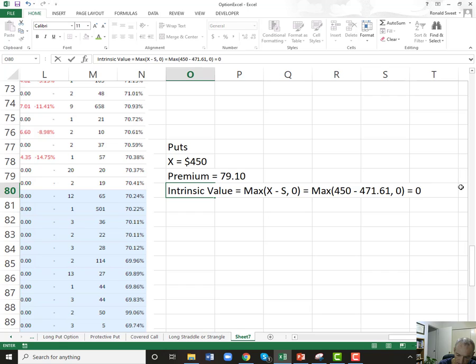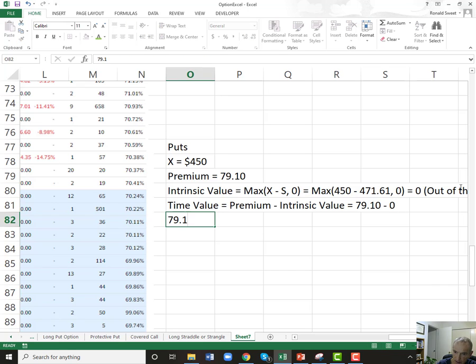So that equals 0 because it is out of the money. And for puts, if the strike is below the current price, it's out of the money. With calls, if the strike price is below the current stock price, then you're in the money. So here, the time value is going to equal the premium minus the intrinsic value, which equals $79.10 minus 0, or $79.10.